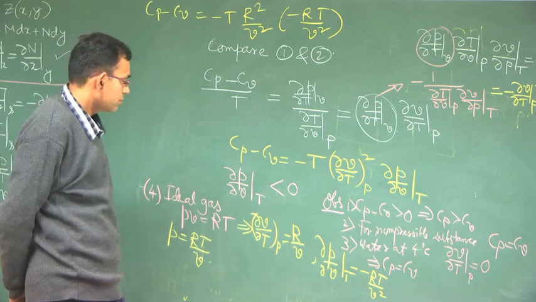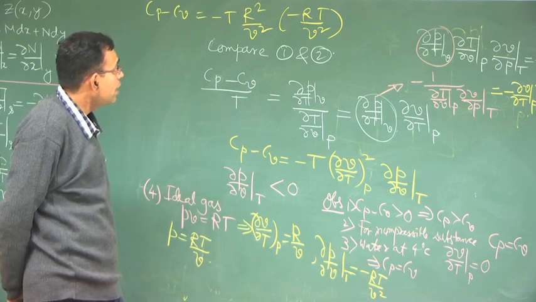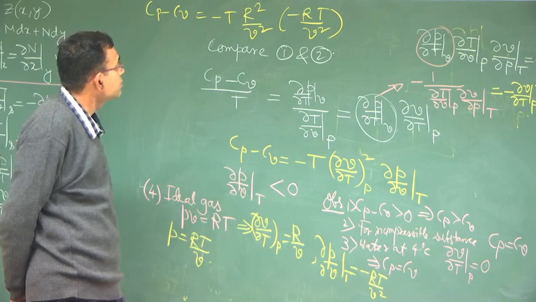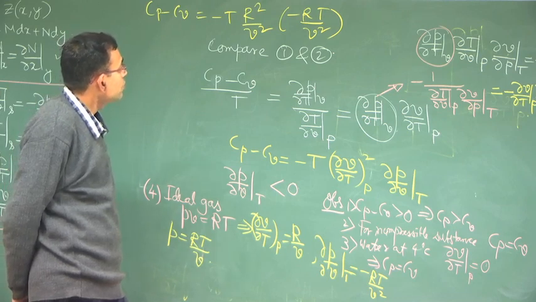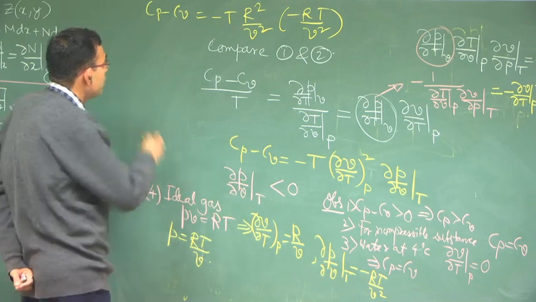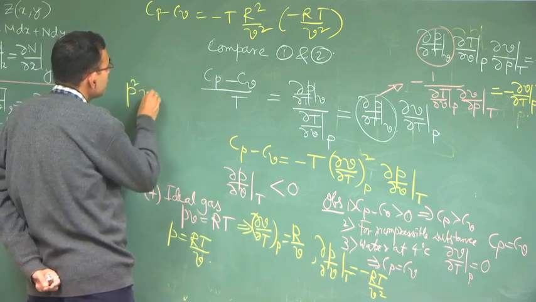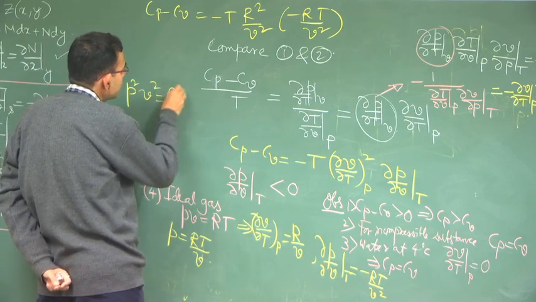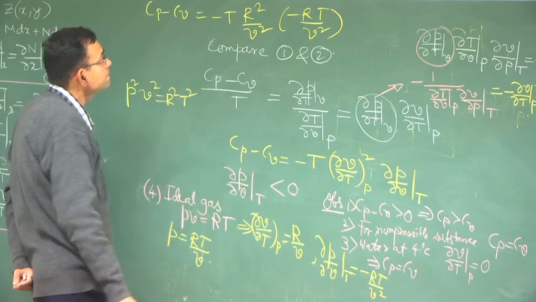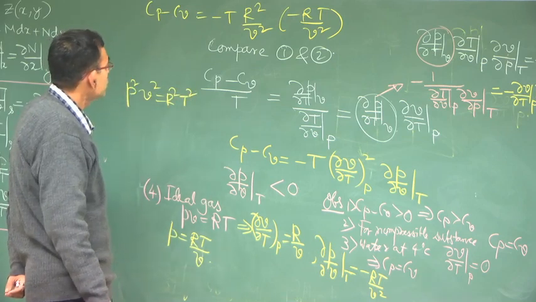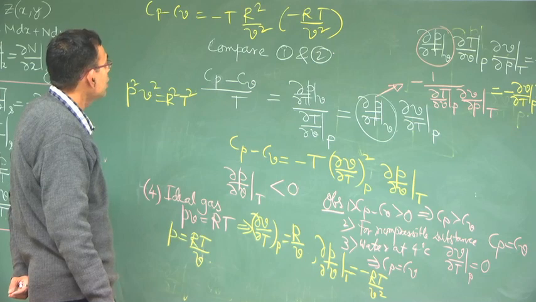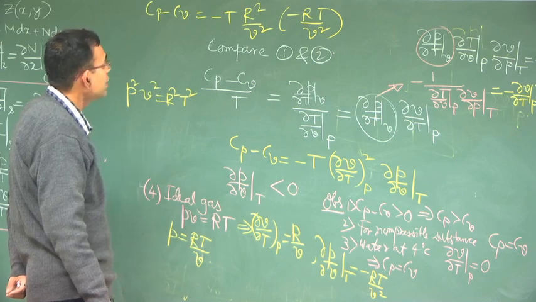Now, you use the equation of state. P square V square is equal to R square T square, so V square is equal to R square T square by P square.